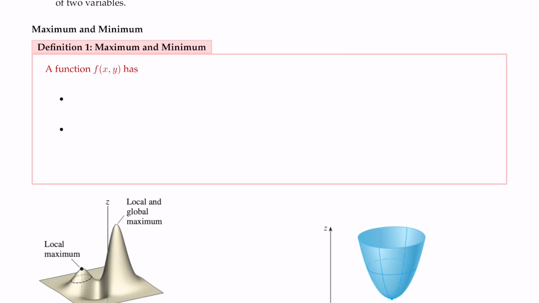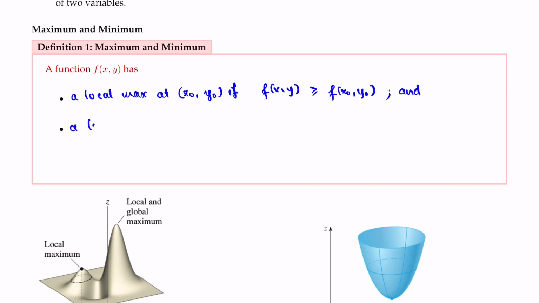Now, for definitions of maximum and minimum for a function of two variables, a function f of x, y has a local max at the point x0, y0 if f of x, y is less than or equal to f of x0, y0, and a local minimum at x0, y0 if f of x, y is greater than or equal to f of x0, y0.